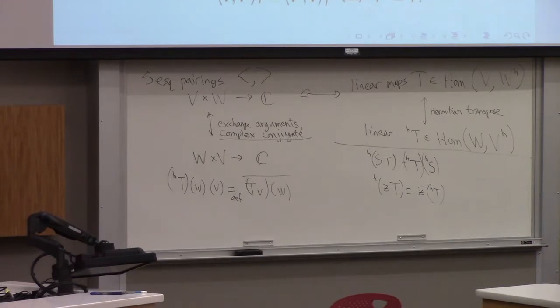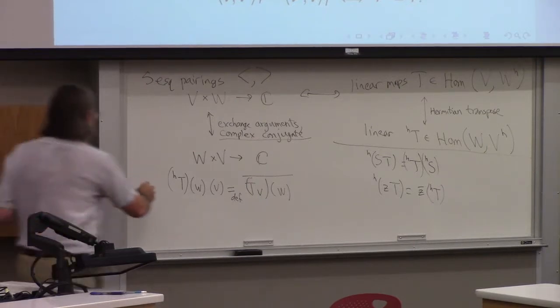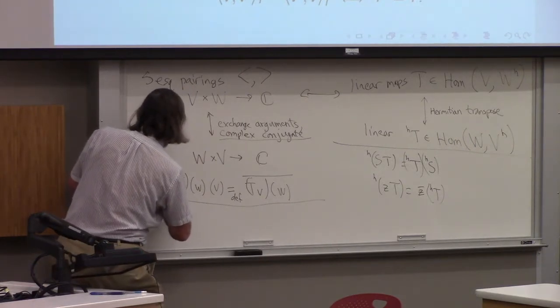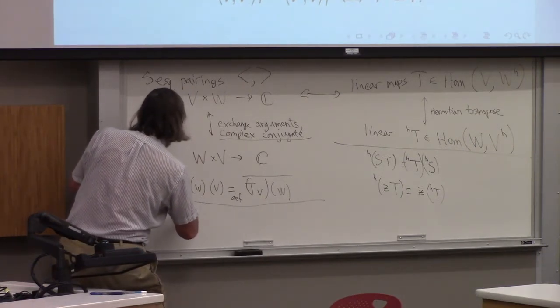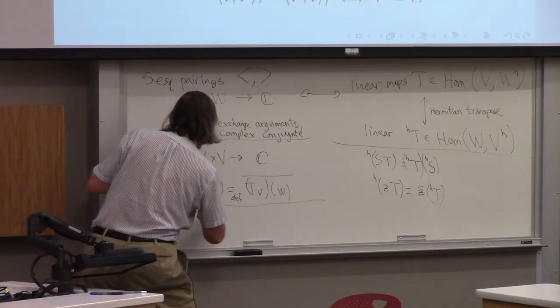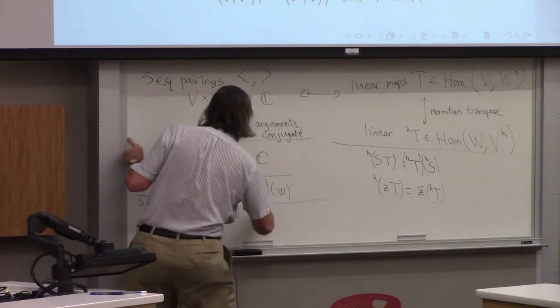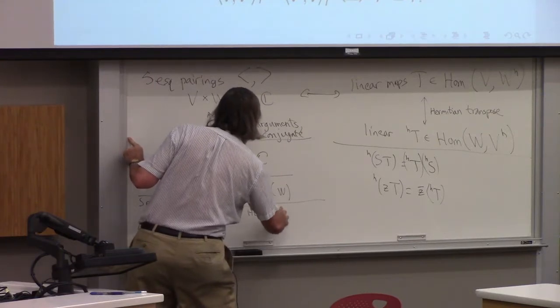So this statement about symmetric forms down here passes over here. So a sesquilinear pairing on a vector space V is going to be Hermitian.